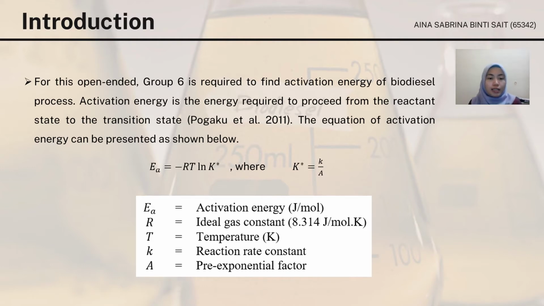R is the ideal gas constant with the value of 8.314 joule per mole K. T is the temperature in Kelvin. Small k is the reaction rate constant, and A is the pre-exponential factor.